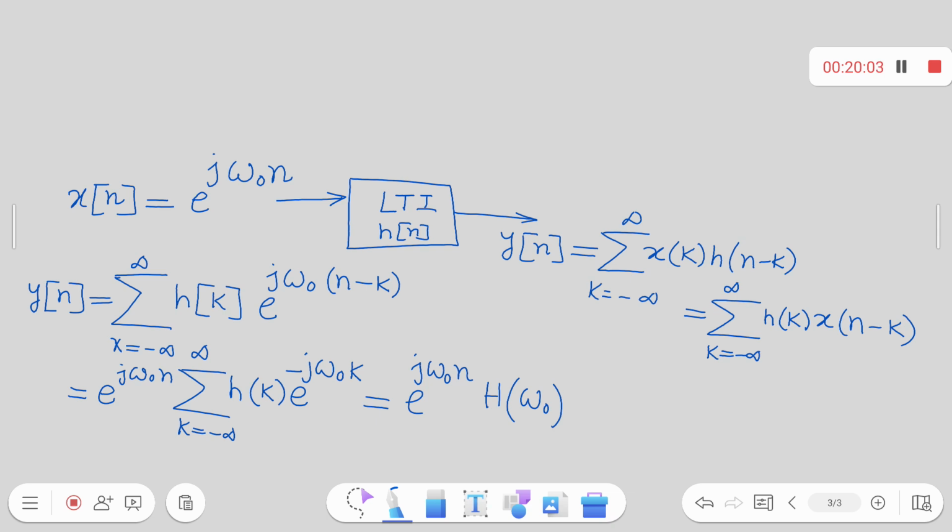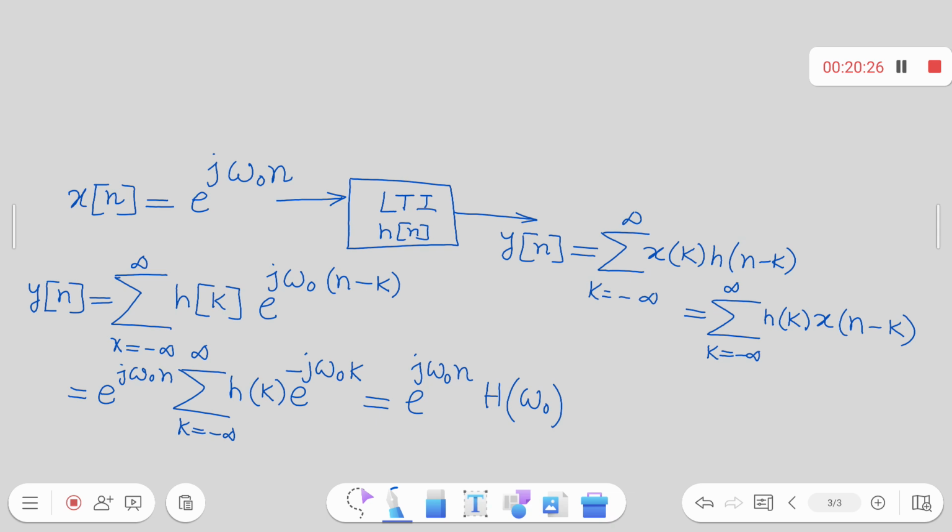And accordingly, you applied the properties of additivity, homogeneity, and time invariance. And then what you got is y of n, summation k going from minus to plus infinity, h of k, x of n minus k, or summation of x of k, h of n minus k. That means you have to rely on the convolution operation.